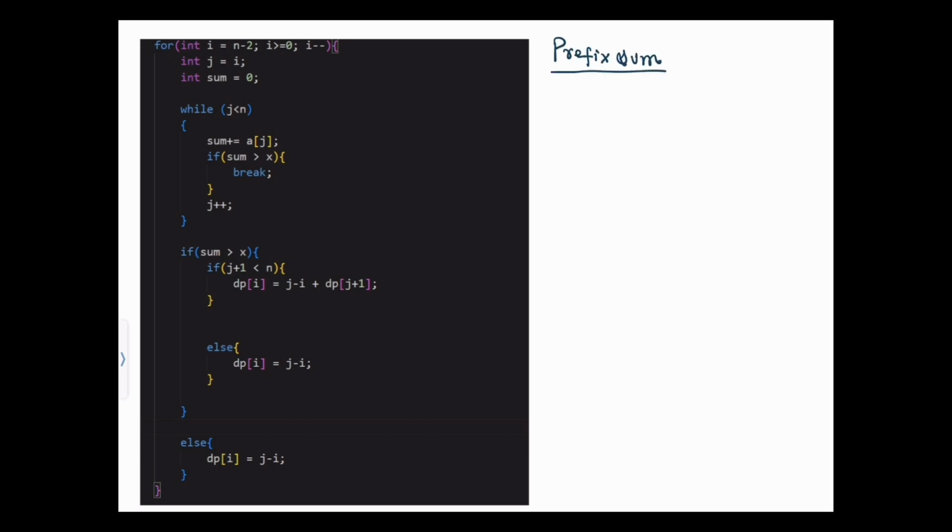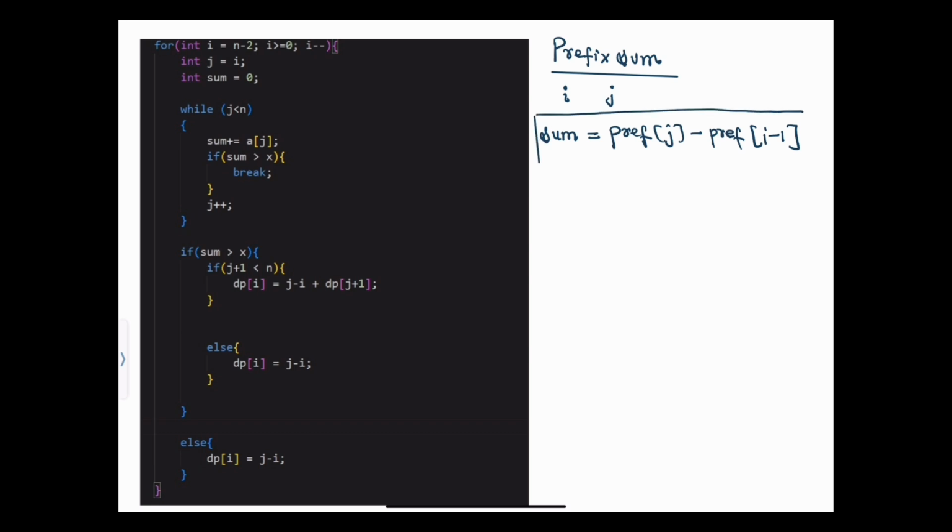In prefix sum, this can be done in O of one time. For example, if we need to calculate the sum between the index i and j, the sum is simply given as prefix of j minus prefix of i minus 1. So that's how we can calculate the sum between two indexes i and j, isn't it?